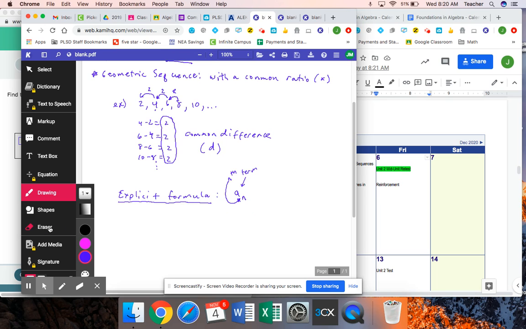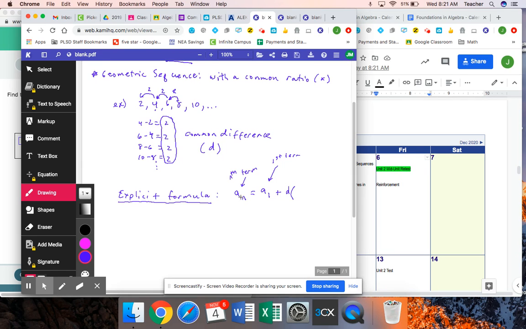So the nth term is equal to whatever the first term is. a1 is the first term. Plus, you add to that this common difference every single time. And then you do that a certain number of times.